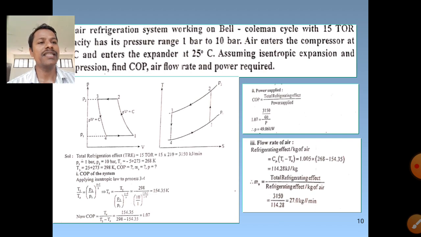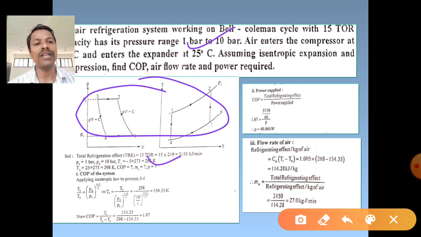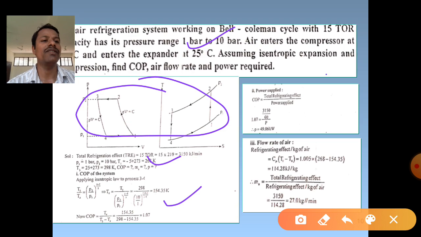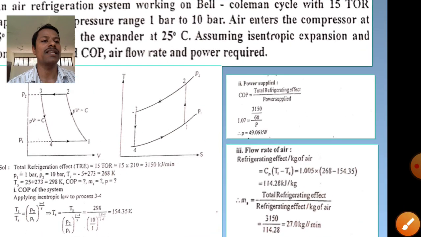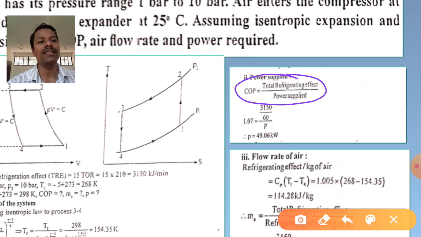What did we do in this problem? First, we read the problem statement, assigned the notations, and wrote the given data, referring to the PV and TS diagrams in our mind. Then we calculated the unknown temperature T4 using the isentropic law. Then we understood another formula: COP can also be defined as the total refrigeration effect divided by the power supplied.